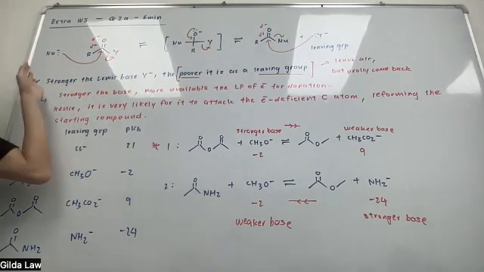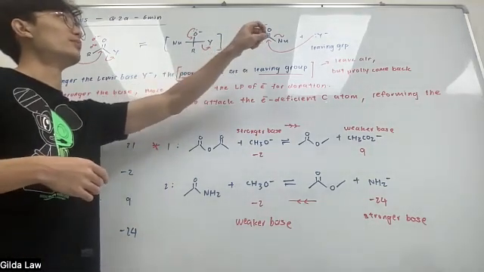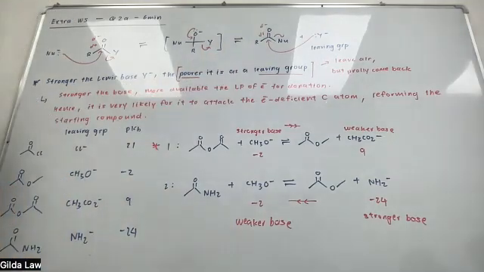How does a stronger electron donor make the carbon more electron rich, so the neutral nucleophile will be less likely to attack the carbon? How does making the carbon more electron rich? Okay, it's not rich in the first place. So less electron poor, so it's less likely to be attacked.